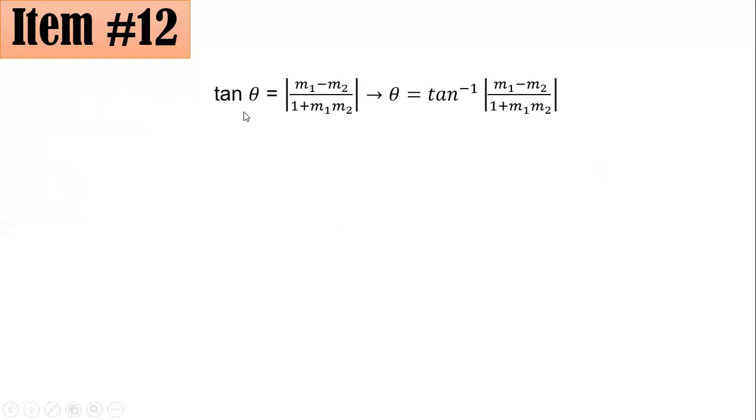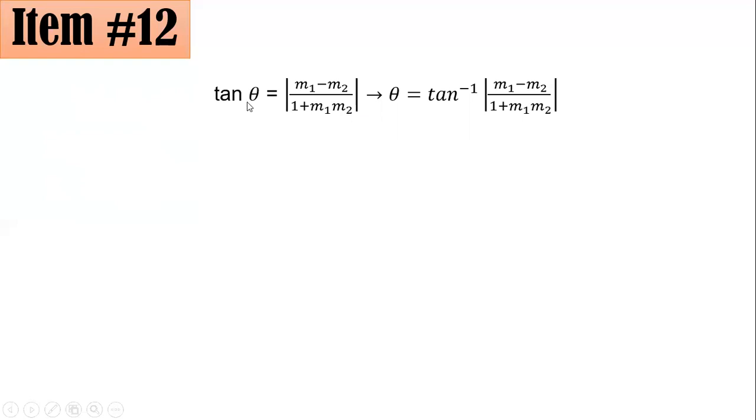to get the tangent between two lines given their slopes, we could recall the formula tangent theta equals the absolute value of the quantity m sub 1 minus m sub 2 all over 1 plus m sub 1 times m sub 2.